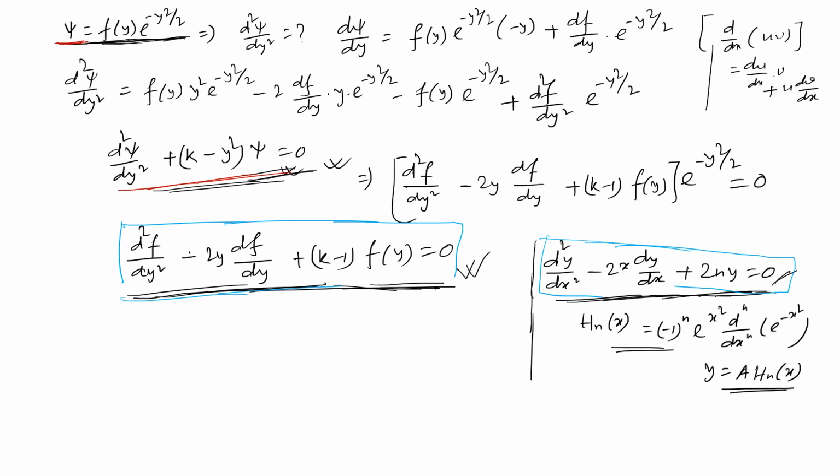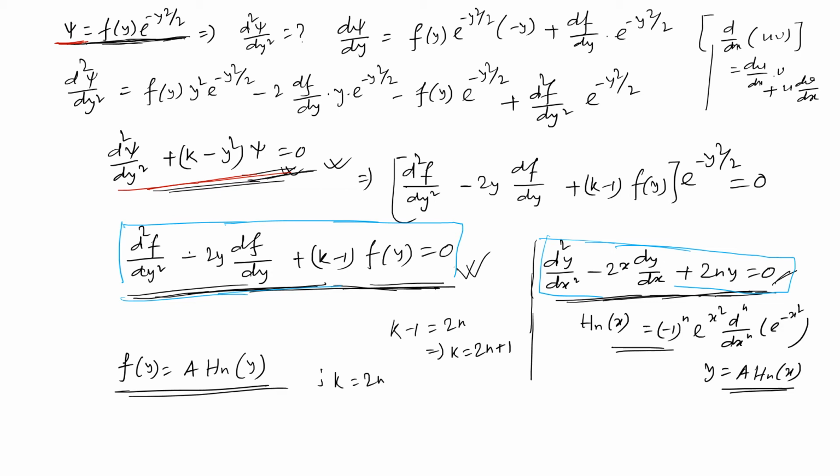If we put k minus 1 equals 2n, that means if we put k equals 2n plus 1, then our equation looks like the Hermite equation, and we can easily solve this equation by taking f of y equals some constant a into H_n(y). The condition for this is k equals 2n plus 1. Now I am considering that k equals 2n plus 1. So f of y equals a H_n(y).